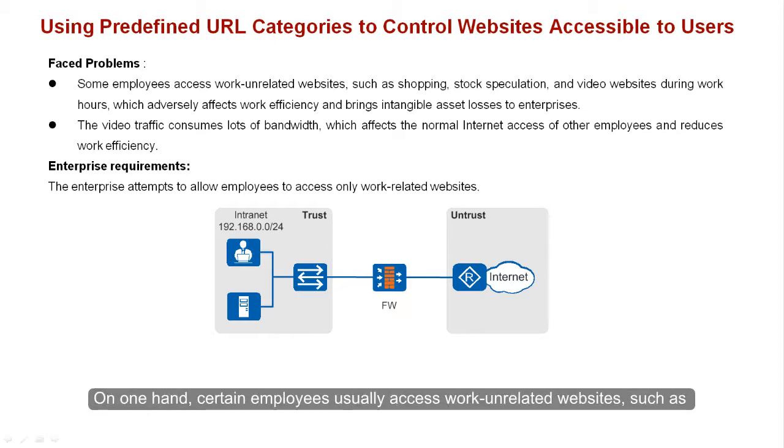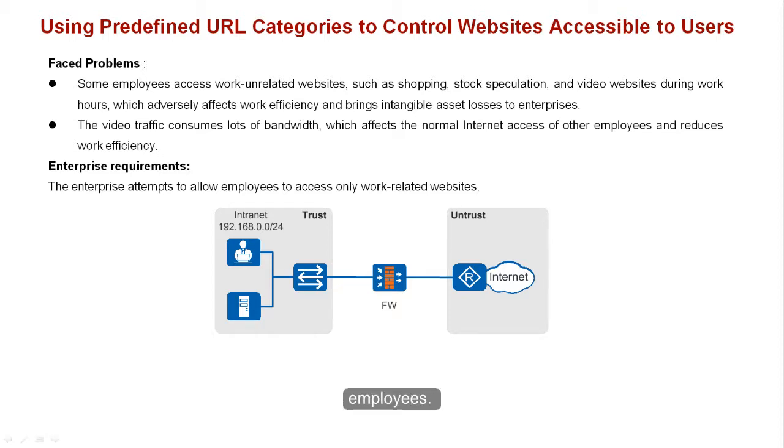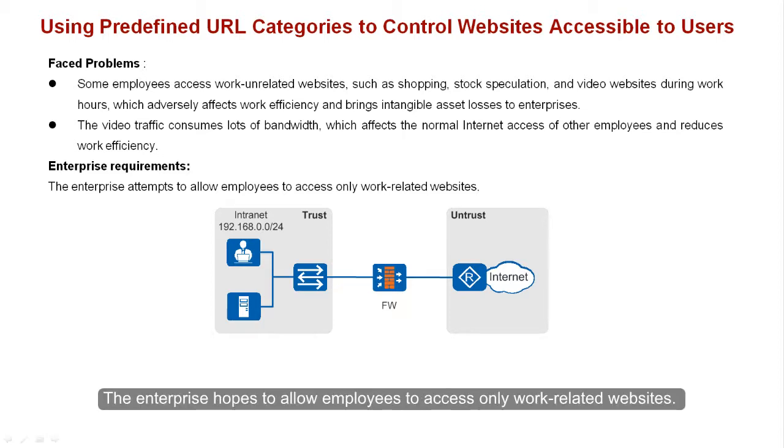On one hand, certain employees usually access work-unrelated websites, such as shopping, stock speculation, and video websites, during work hours, which adversely affects working efficiency and brings intangible asset losses to the enterprise. On the other hand, video traffic occupies excessive bandwidth, which compromises the internet access experience and working efficiency of other employees. The enterprise hopes to allow employees to access only work-related websites.